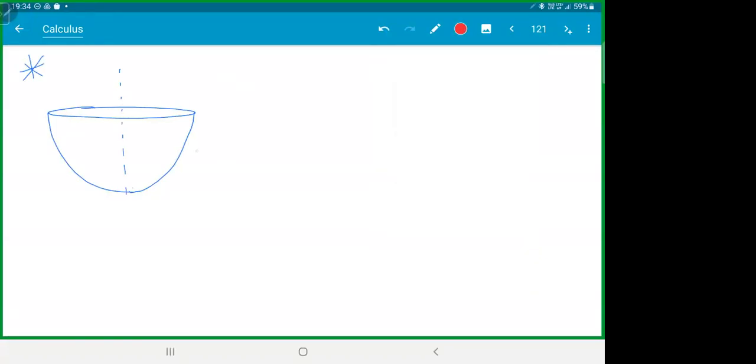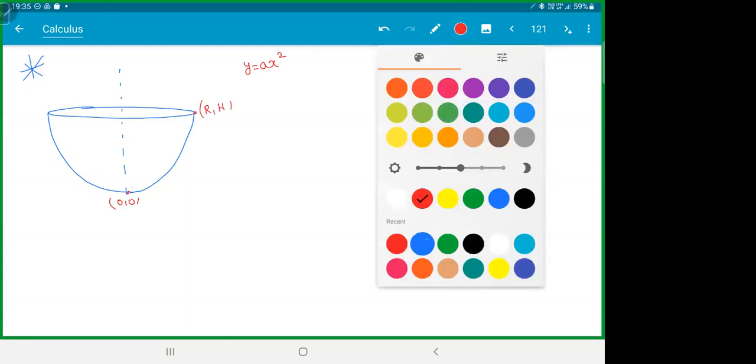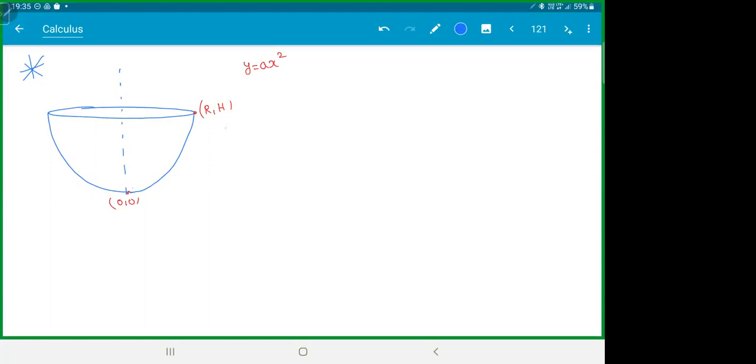So the equation was y is equal to ax square. This point was 0, 0 and this point was r, h, because the height was h and the radius was r. When I substitute this, you get h is equal to a r square.